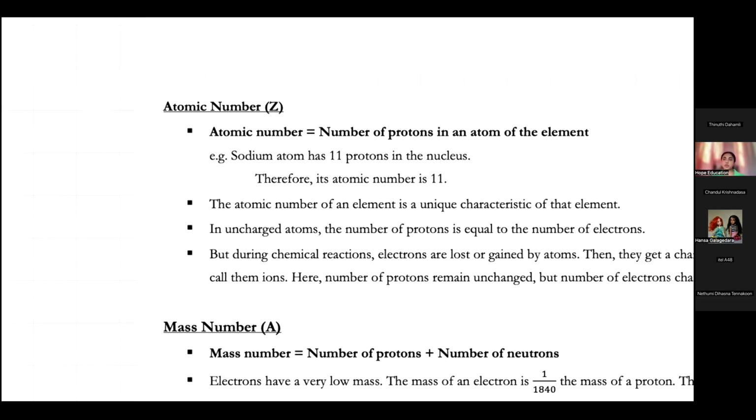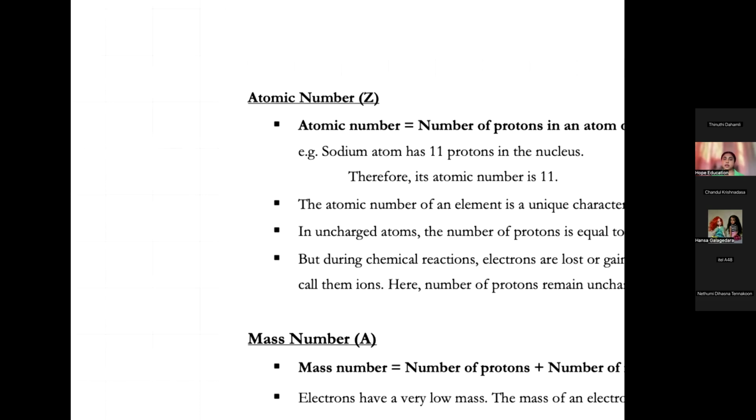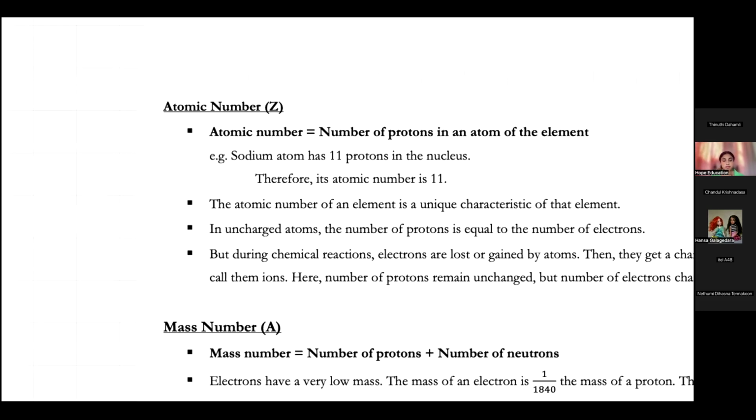Carbon, sodium, iodine, iron, oxygen, nitrogen, magnesium, fluorine, chlorine. Good. So these are the different types of elements that we have learned. Hydrogen, helium, yes. Very good.